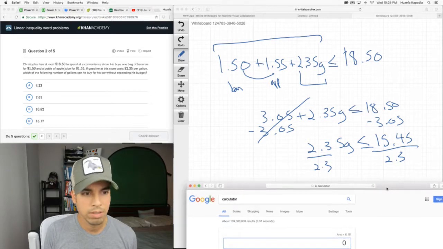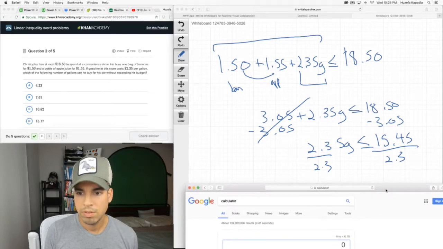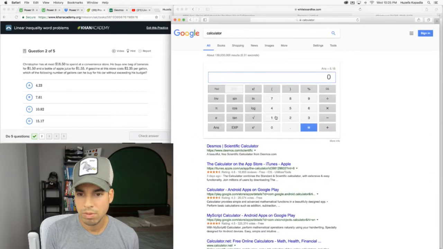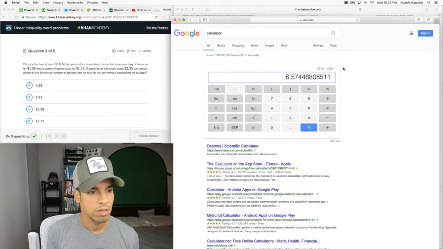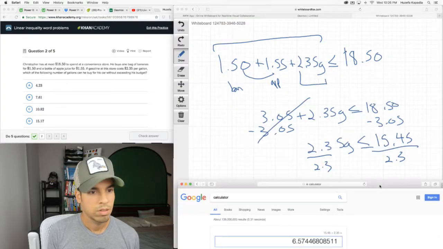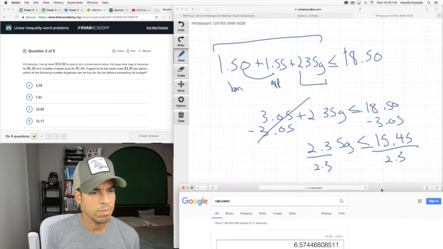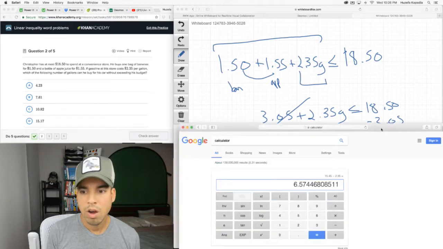I had the numbers wrong. Let's see if this works. 1545 divided by 2.35. Uh-oh. Okay, so something happened. Oh, no, I get it.